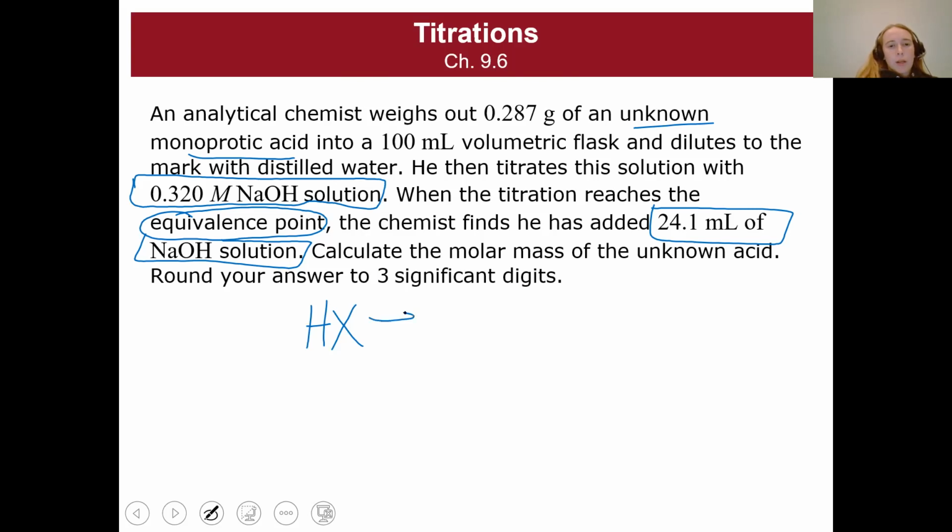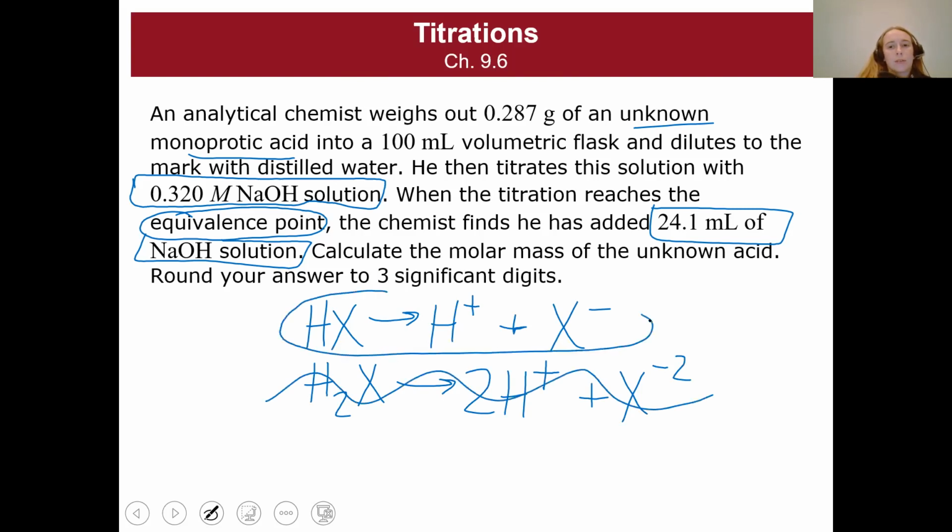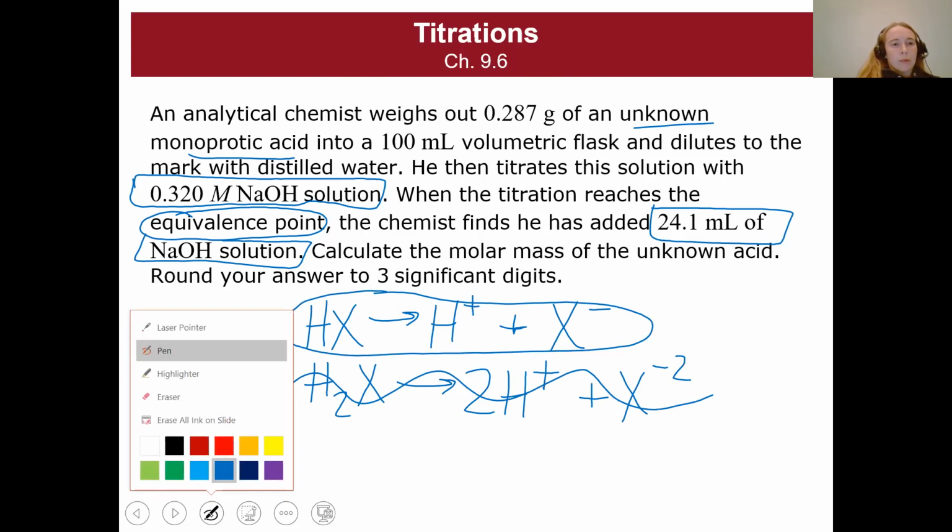So monoprotic acids do this, whereas a diprotic acid would be something like this, where we'd have two hydrogens lost, and we'd have a -2 charge on our ion. So we don't have that. We have a monoprotic acid. So I'm going to call it HX. Okay, I'm going to get rid of this for now.